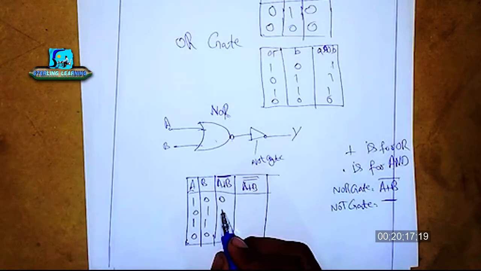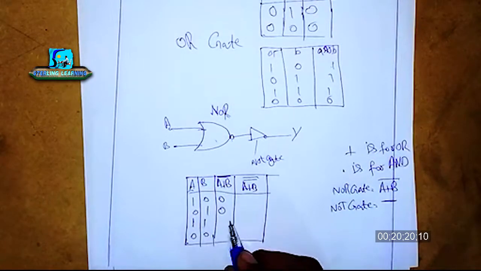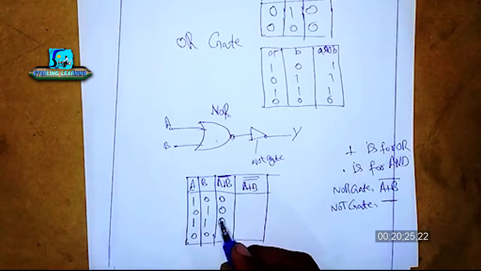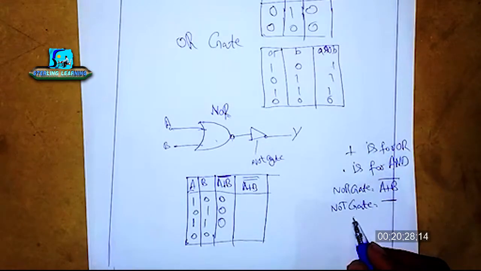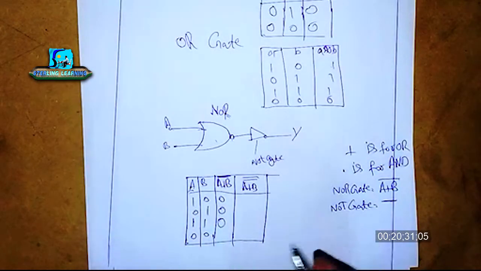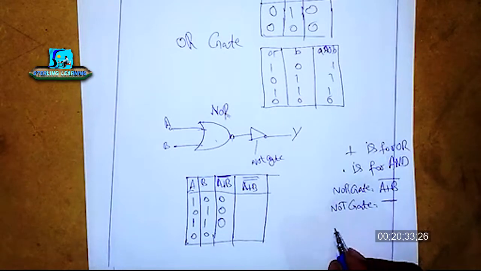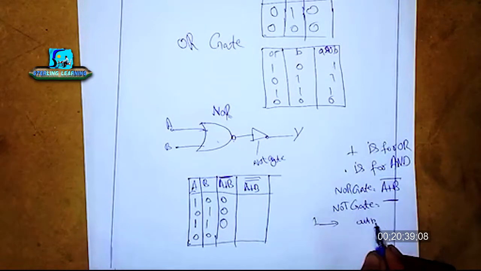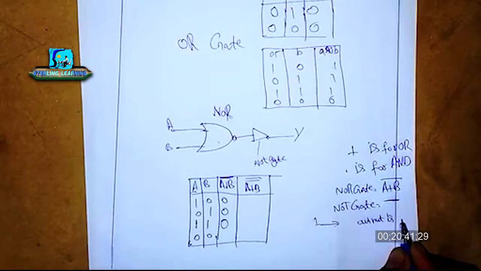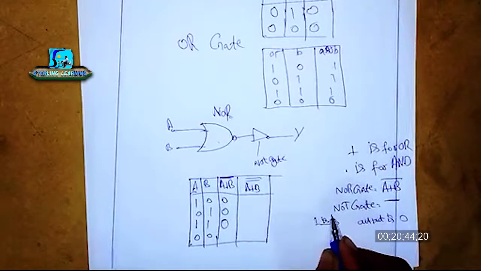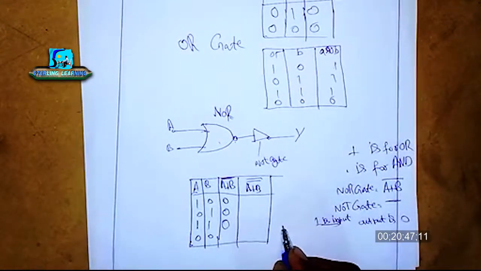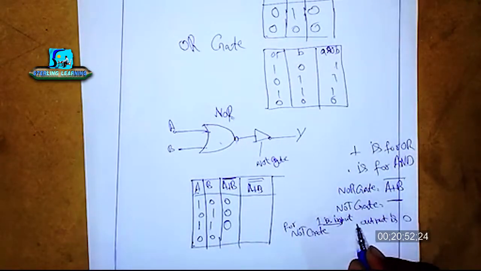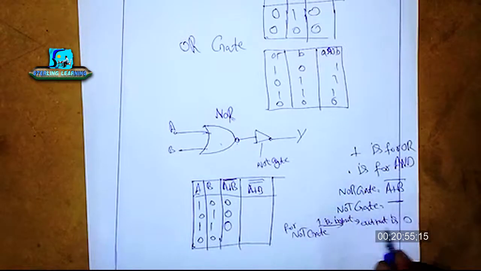But it has been passed through NOT, so the NOT gate changes the output: if the NOT gate is fed 1, the output is 0. 1 is the input for the NOT gate, output is 0.